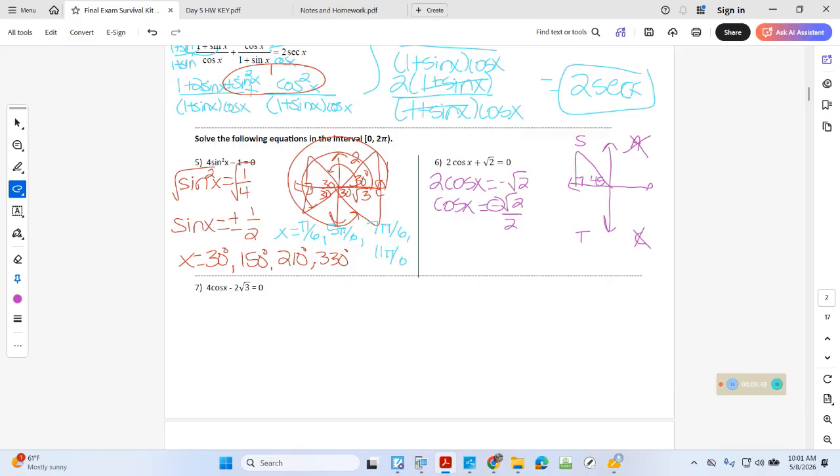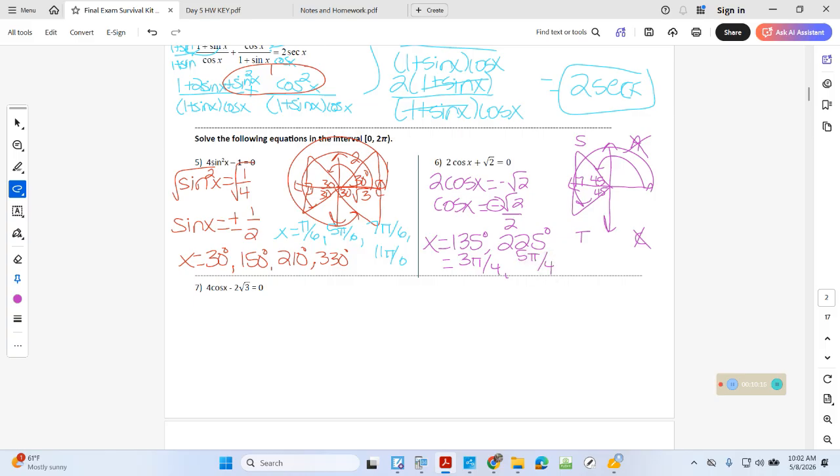We're after the angles. I'm going to measure from 0 over. You're 45 short of the 180 line, which would be 135. And then we're 45 past the 180 line. So 180 plus 45, 225. All right, and then the radians versions, 3 pi over 4, 5 pi over 4.